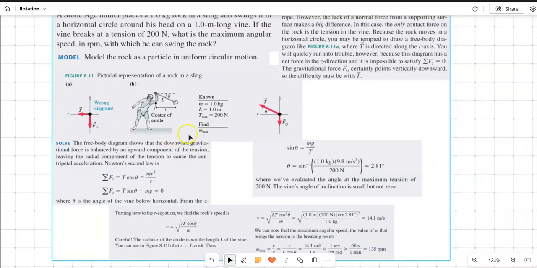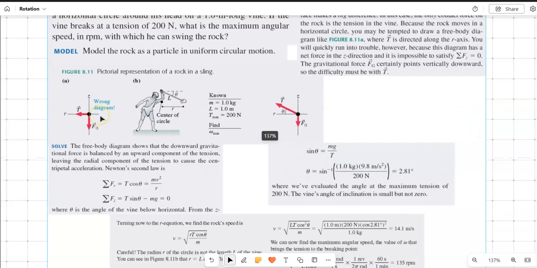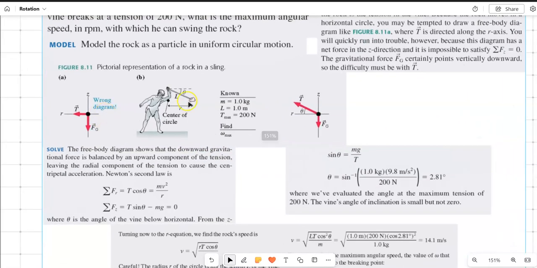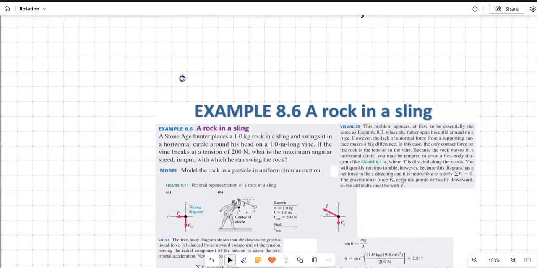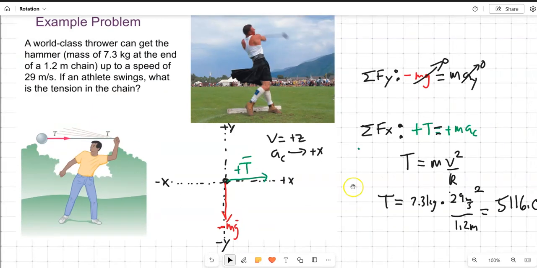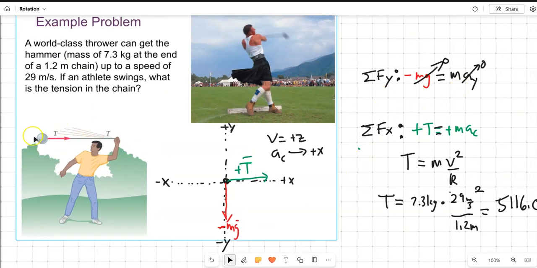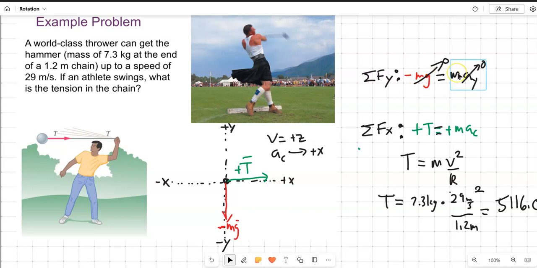In this problem, when he's swinging it, it's not going to be perfectly horizontal, which makes sense to me, because if we were swinging this and it was perfectly horizontal, that would basically be saying that it might as well be weightless.